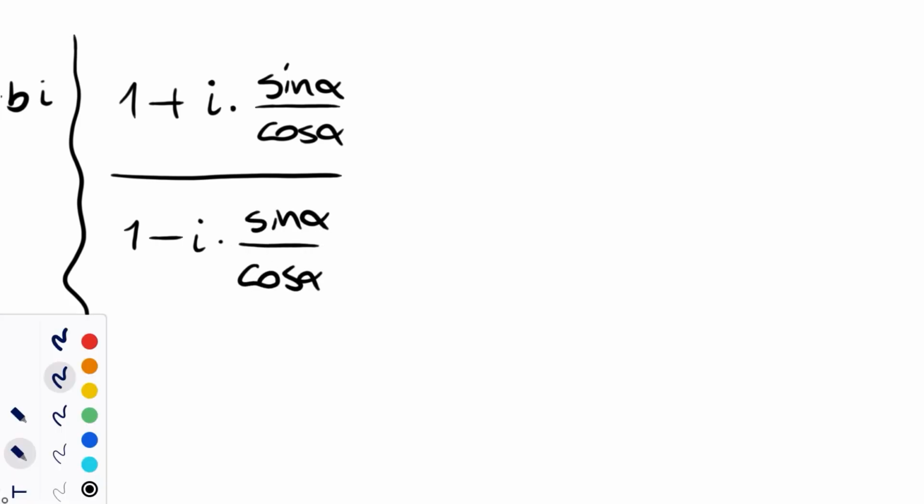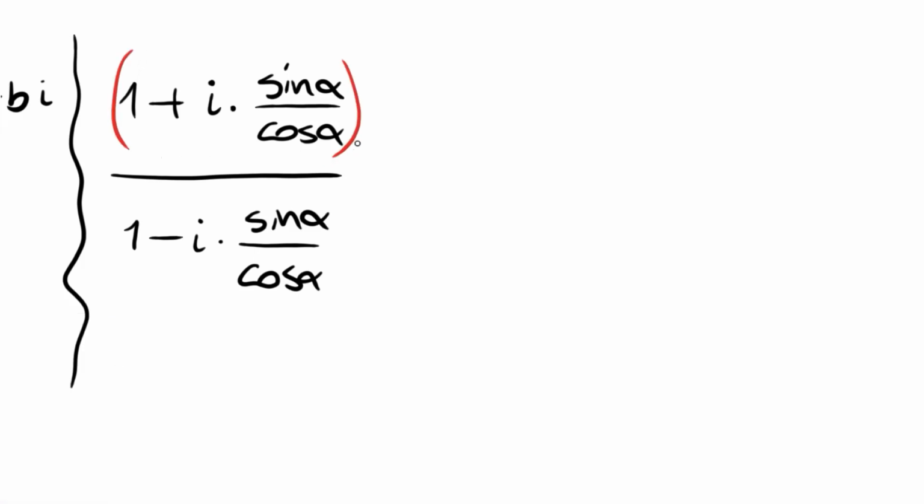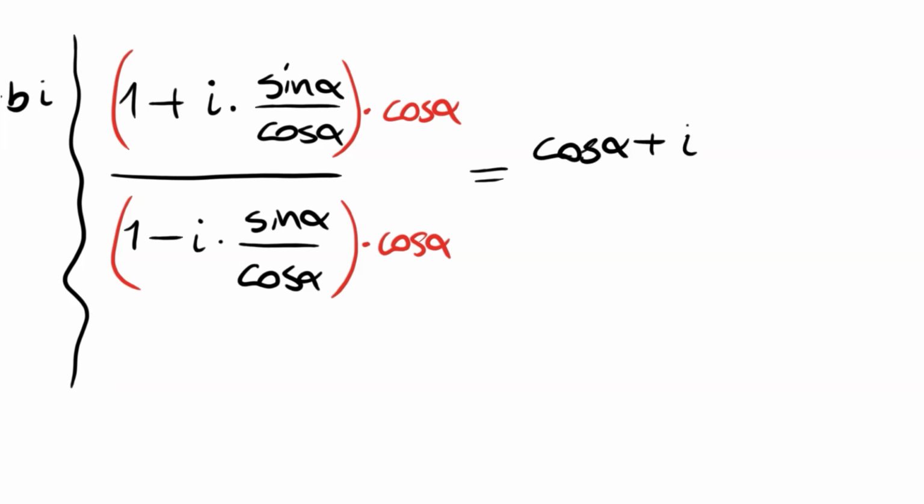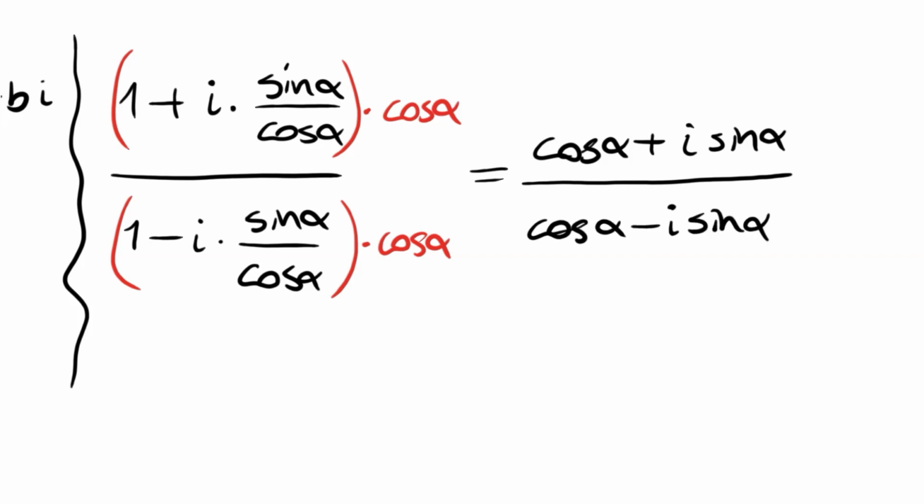Now, to get rid of this cos α, we will multiply both the numerator and denominator by cos α. Let me do that. Then we will have (cos α + i sin α) divided by (cos α − i sin α).